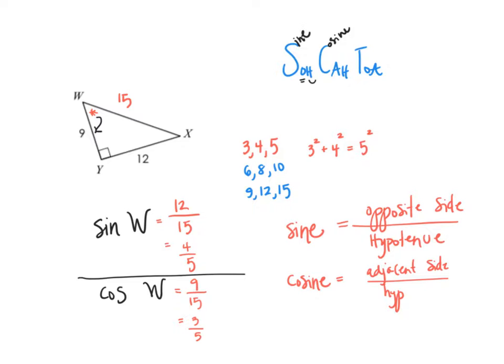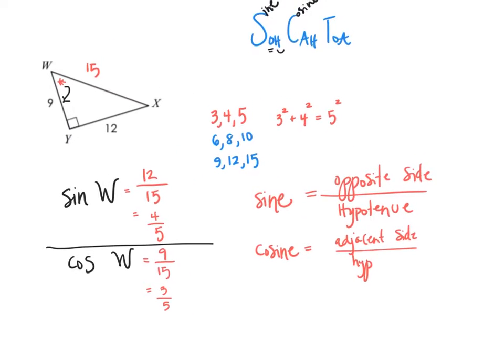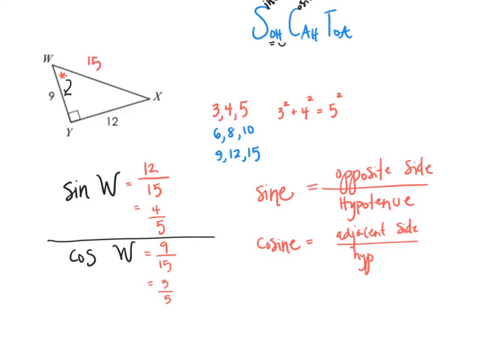Now, the last thing that we need to look at is the tangent. And so I'm going to try to keep that on the screen. But let's talk about what is the tangent. Well, the tangent of an angle is represented by the ratio the opposite side over the adjacent, and that's where we get that TOA.